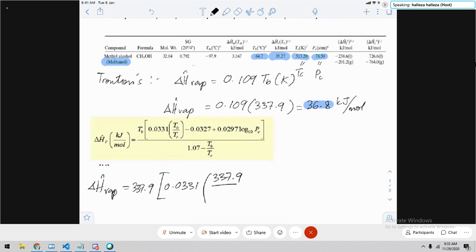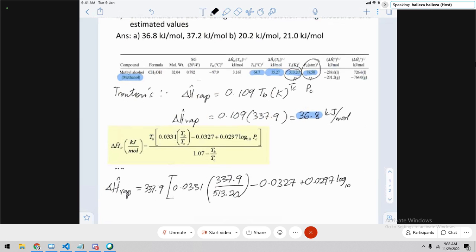You have your bracket, the boiling point, 337.9. The critical temperature is in Kelvin, 513.20, which is from this value. Close the bracket, minus 0.0327 plus 0.0297 log PC. Your PC is 78.5.